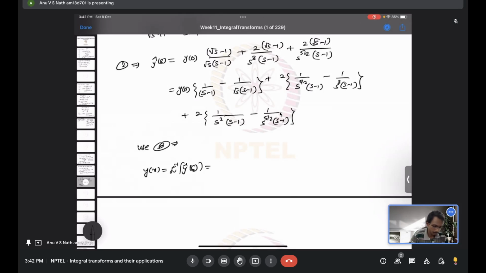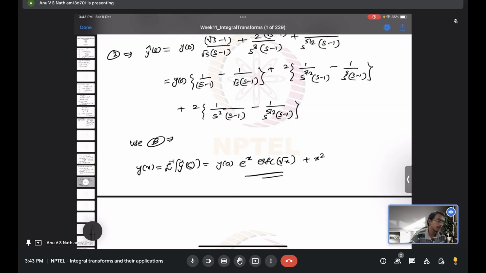Let me write the solution directly so you can try this out. You will get the solution as y of 0 times e raised to x times the complementary error function of root x, plus x square. So this is the solution.